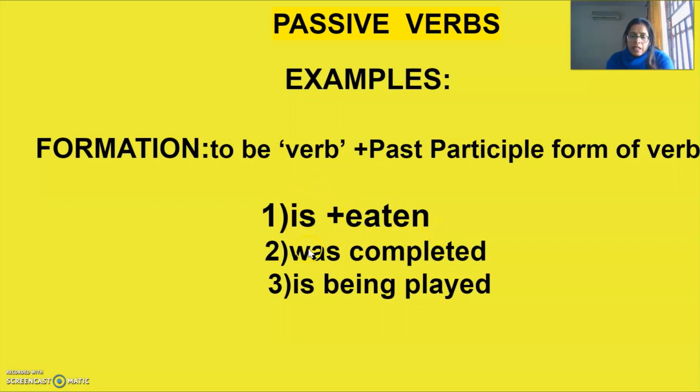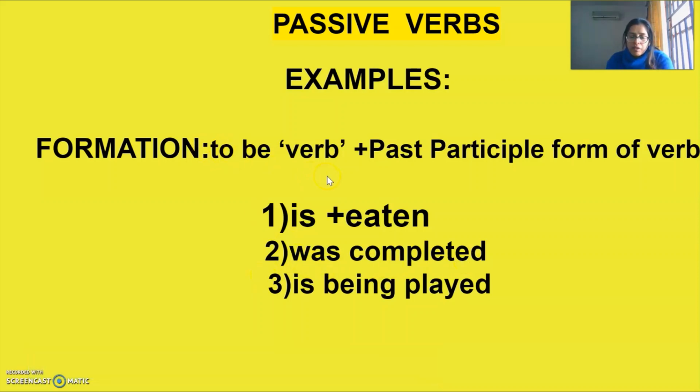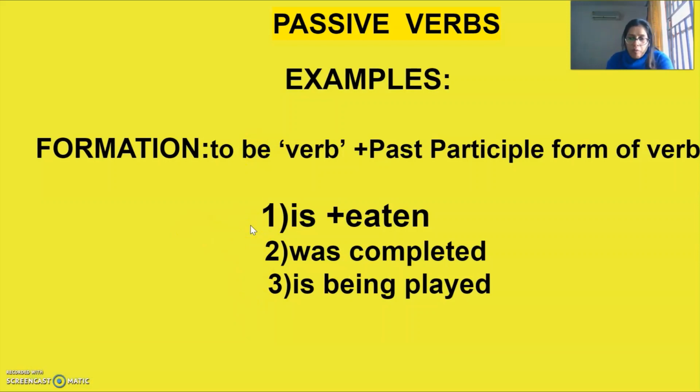It means is is the to be verb and eaten is the past participle form of verb eat. Similarly, example 2, was completed. Was again to be verb, and third one is being played. So these 1, 2 and 3, all these are examples of passive verbs. I hope it is clear.